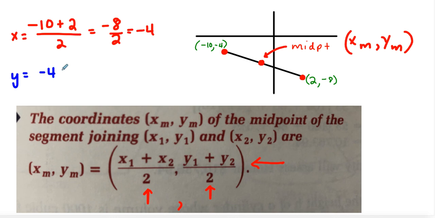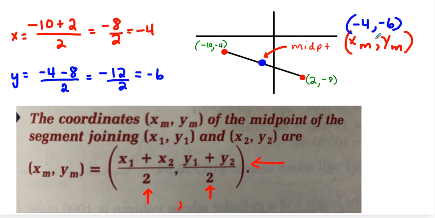So -4 minus 8 divided by 2. Now I'm adding negatives, so keep that in mind, which gives me -12 divided by 2, which is -6. So the coordinate of that midpoint is -4, -6. And that's how you can use some of these formulas and coordinate geometry to find distance and midpoint in the coordinate plane.